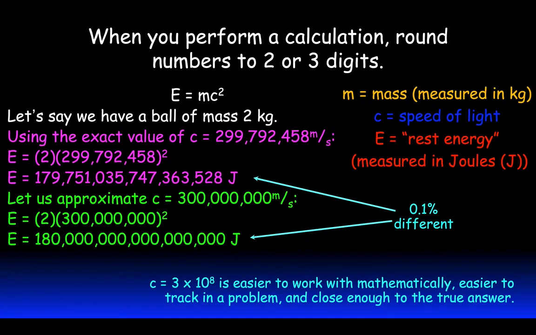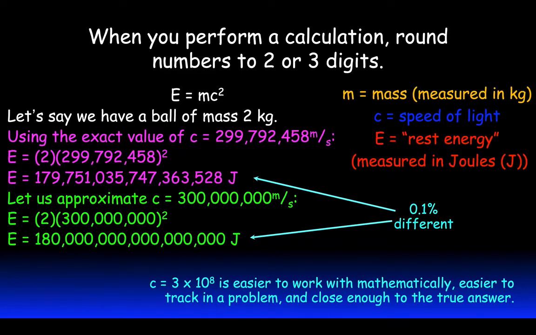So literally what that means is this approximation in green is less than 1/1000th off from this exact value in magenta. And entering the numbers in green down here is just easier to work with. It's easier to see what's going on. Seeing what's going on is very good because it lets me give you lots of partial credit, which is a wonderful thing.